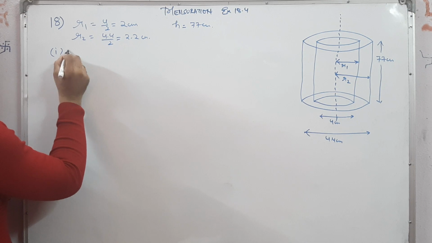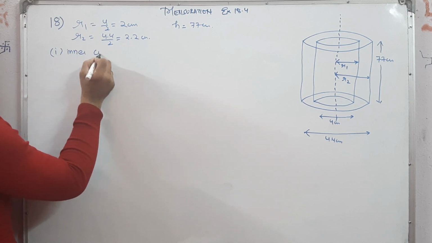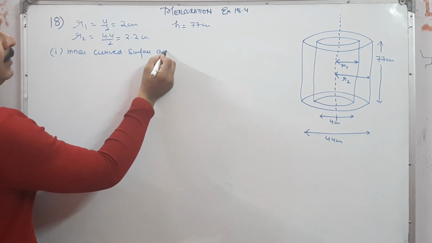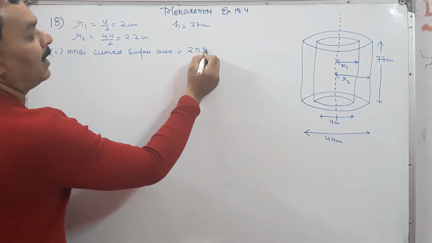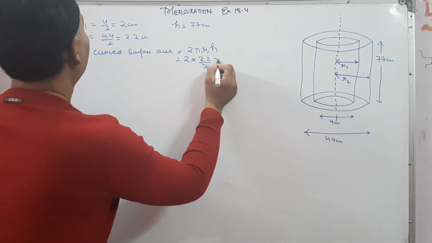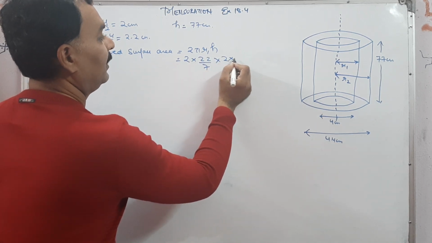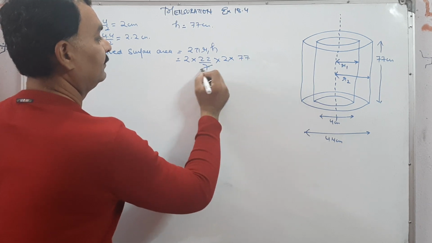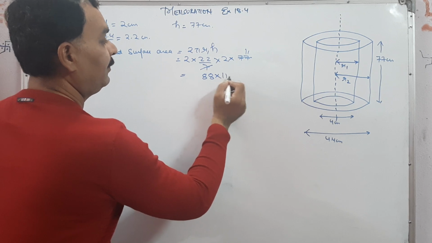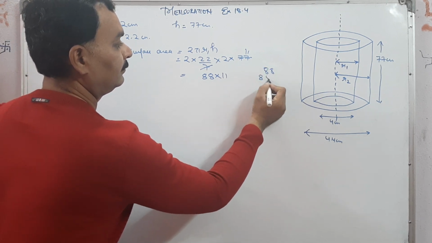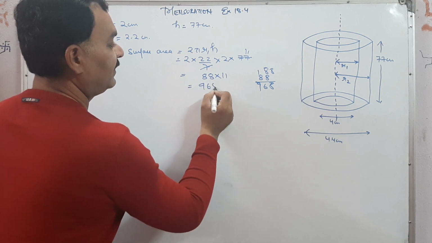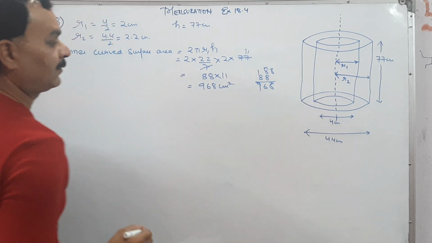The first part, inner curved surface area, that is 2 pi R1 h: 2 into 22 by 7, R1 is 2, h is 77. 88 into 11 is 968 centimeter square.